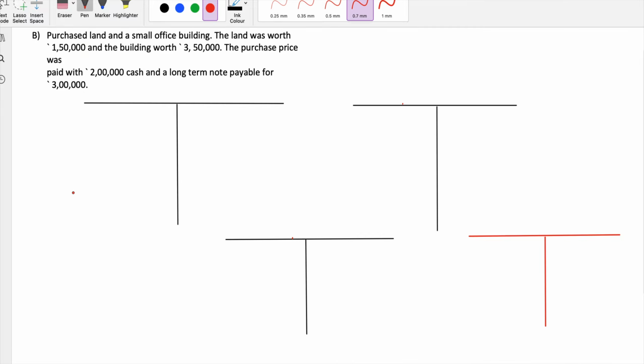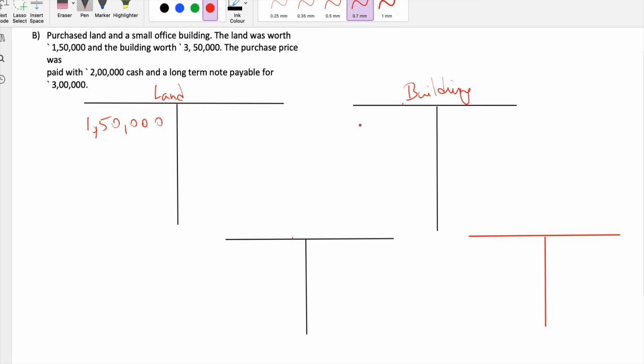Now, so what has been purchased here? First it is land, okay, worth 1,50,000, and a building. Now why am I writing all this in the left hand side?